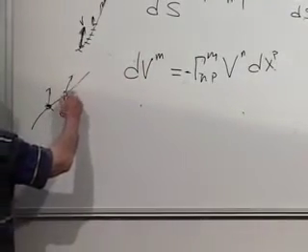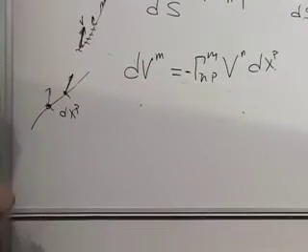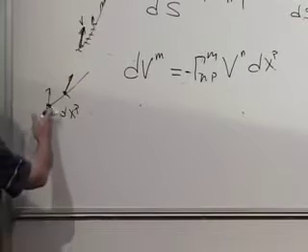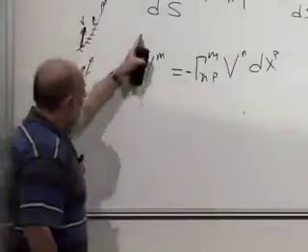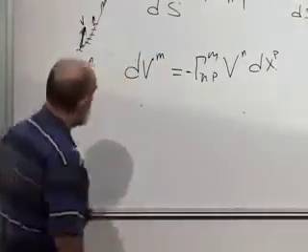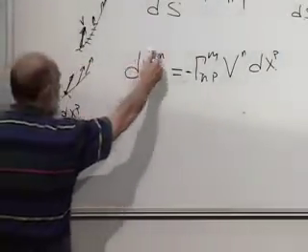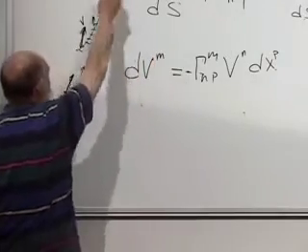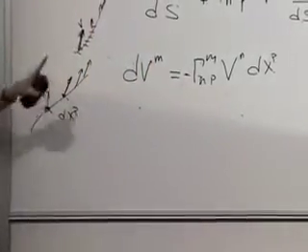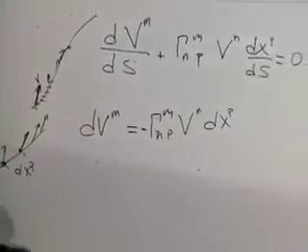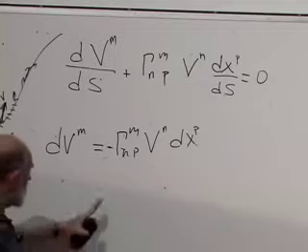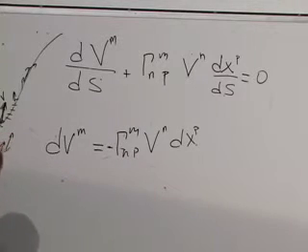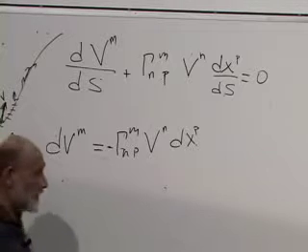It tells me how to change V to the next point. In fact, once I've updated it from here to here, I can do it again and again and again. And so it's always possible to choose the components of V along the curve so that the covariant derivative is equal to 0. All you have to do is to solve for how V^m changes as you move along the curve. By knowing it at any one point, you can find out how it moves to the next point, and so forth. So that's not hard.